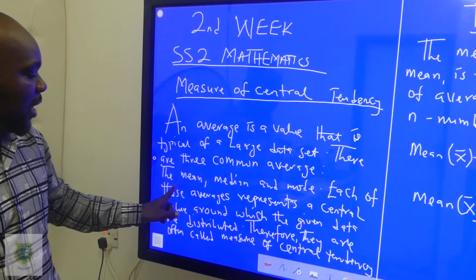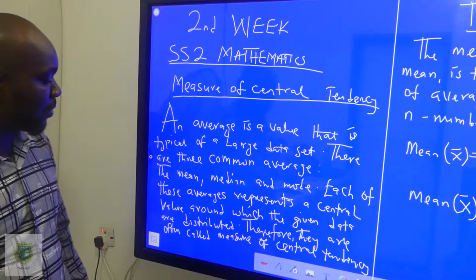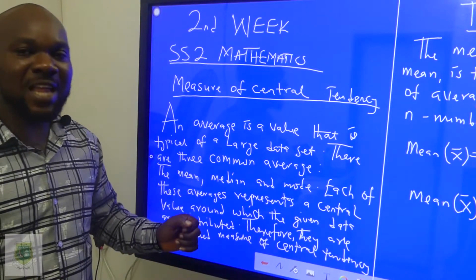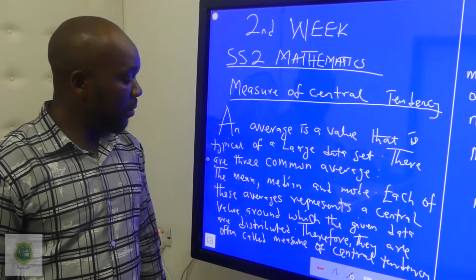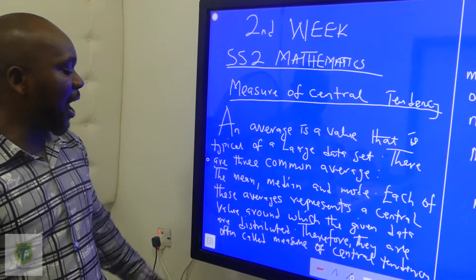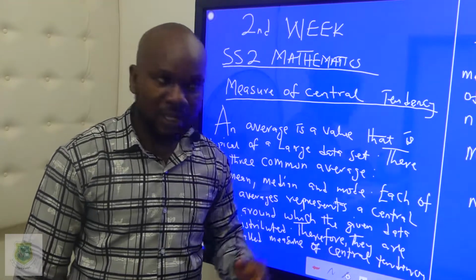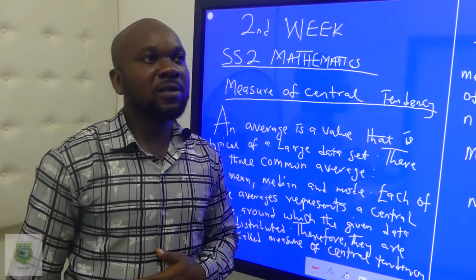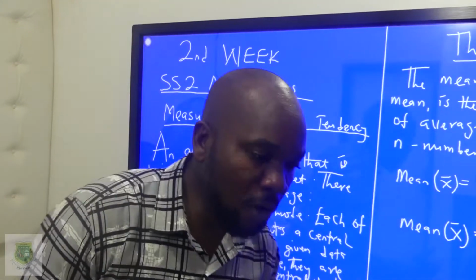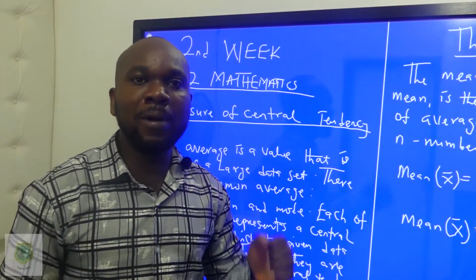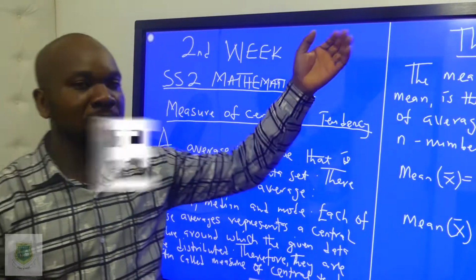Each of these averages represents a central value around which the given data are distributed. Therefore, they are often called measures of central tendency. Let us go and look at them one by one. The first one is the mean.